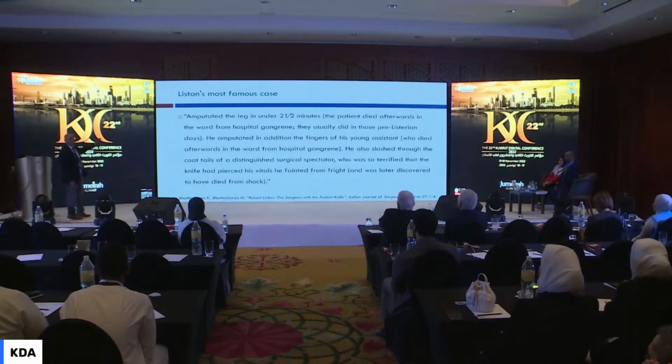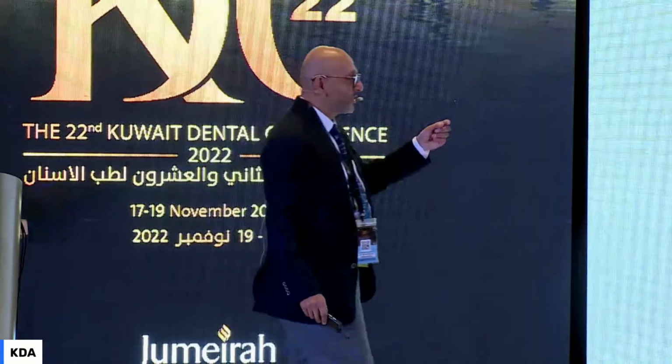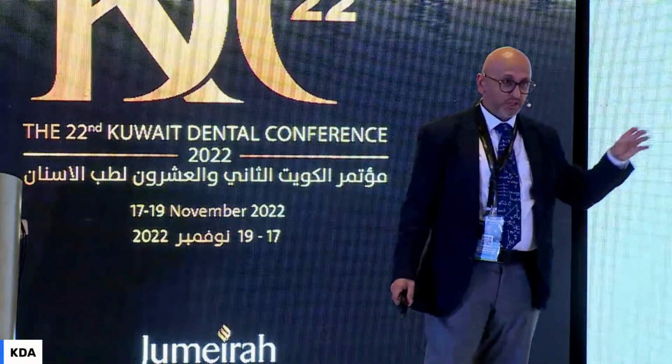If a patient died, that was common during that time. So he amputated the leg of the patient. The patient afterwards died in the hospital. So that is okay, acceptable. But after that, because he was running so fast with his saw, going so fast trying to achieve his goal, he amputated the fingers of his young assistant, who also died afterwards from hospital gangrene.